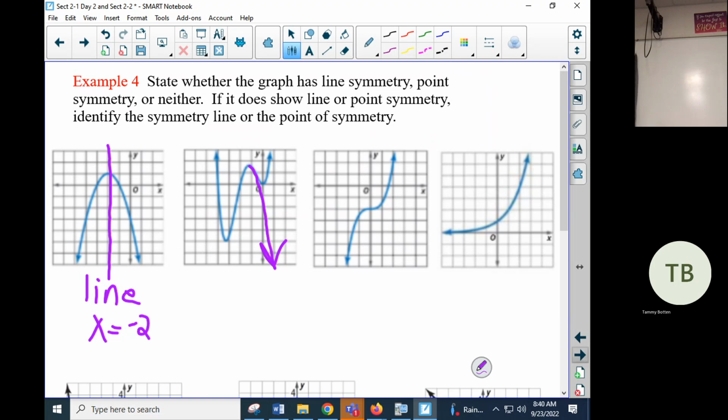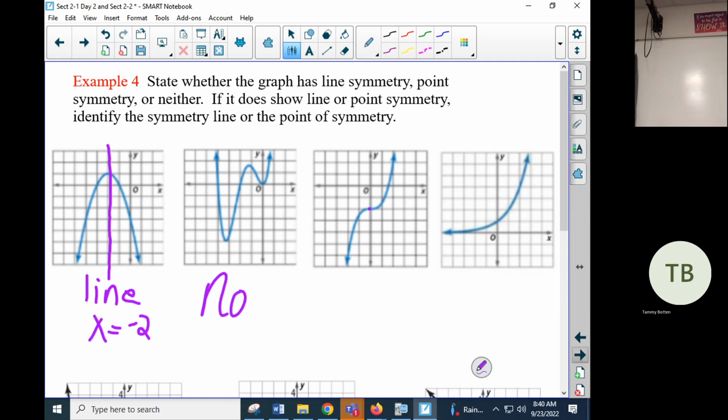So this one's not going to have any symmetry at all. Had it gone up and came down, like how this one went down and went up, then it would have. For line symmetry, you'd have to draw a line so that if you fold it, it would fold onto itself. And this one is not going to do that.